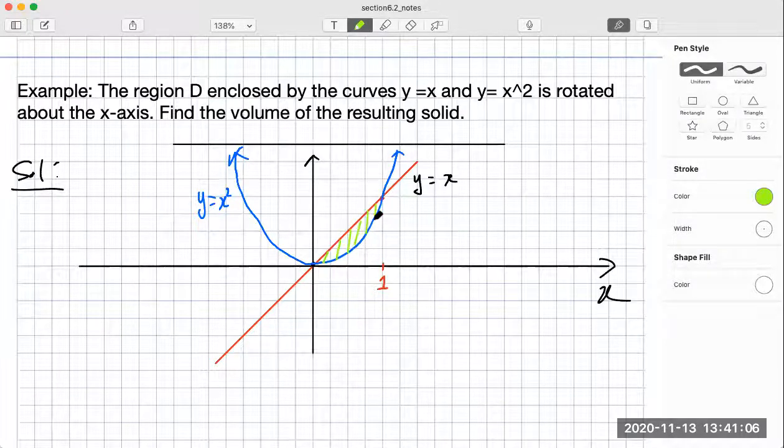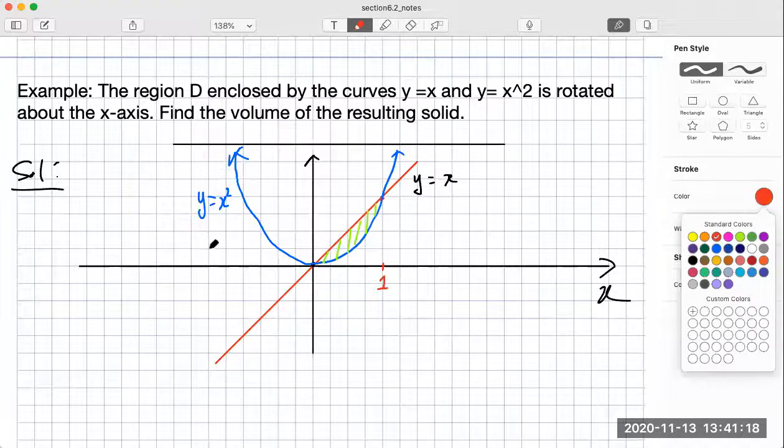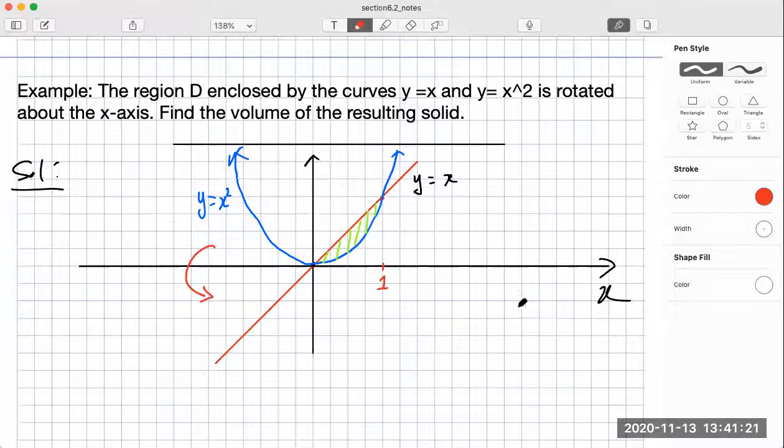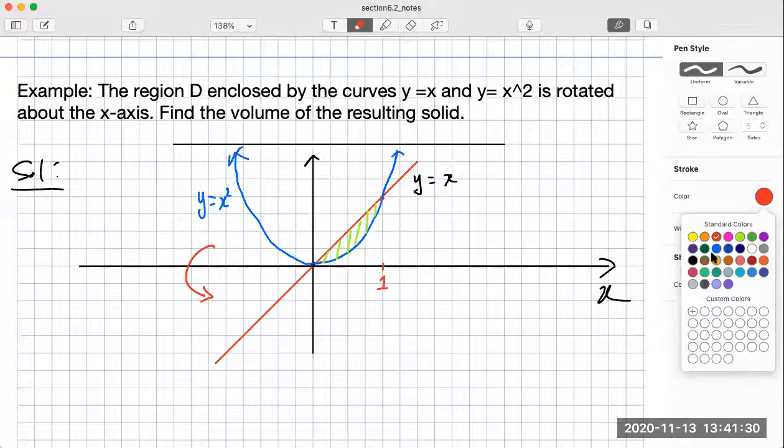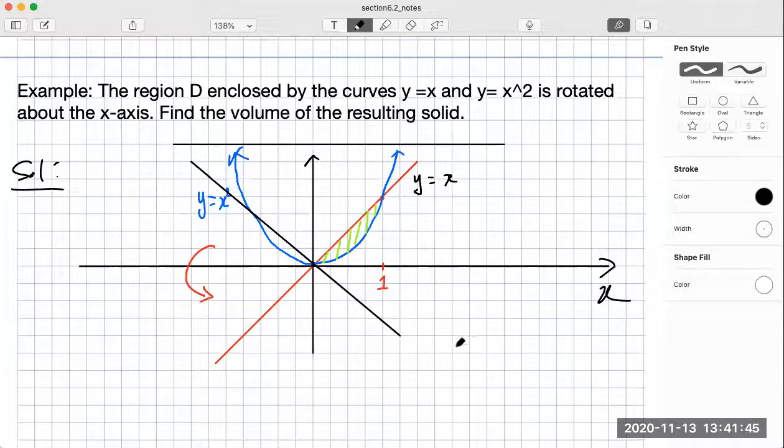So now, if it is rotated about the x-axis, right? Now we need to imagine, there is no way, it is really hard to draw. But yeah, it would be rotating like this. And if it rotates up to this line, this is the line y equal to negative x, right?